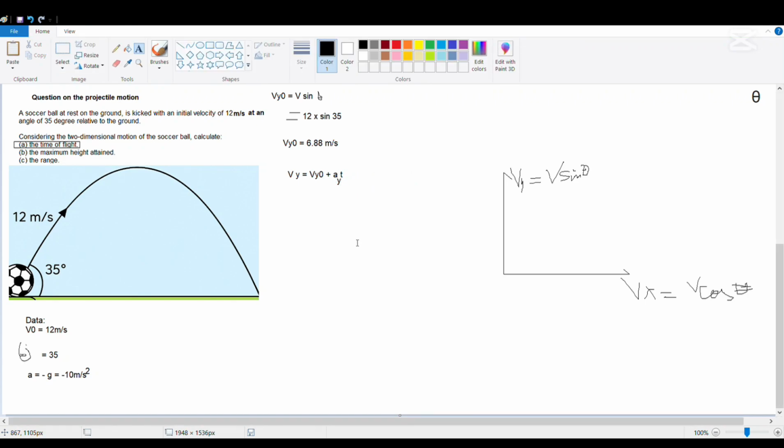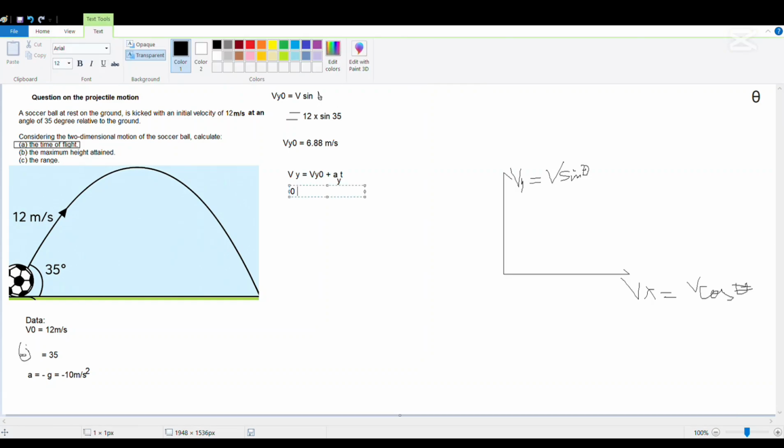And we know everything, because the final velocity in the y-axis, sorry, is equal to 0, and we have the initial velocity we just found, which is 6.88, and we know a is equal to g, which is minus 10, and I write in the bracket minus 10, and t we need to find.